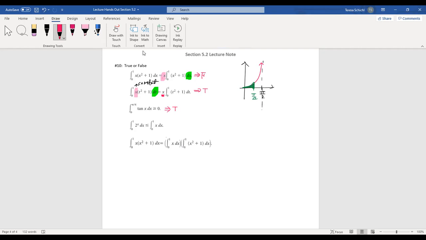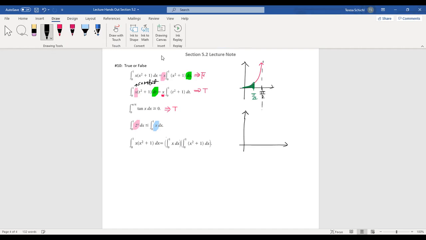Okay, so now let's take a look at the 2 to the x. You integrate the same interval from 0 to 1, but here one function is 2 to the power x, and the other function is x. So then I say the integral of 2 to the x is less than the integral of x. Is that right? Well, let's take a look here. Let's do the same area principle again, right?